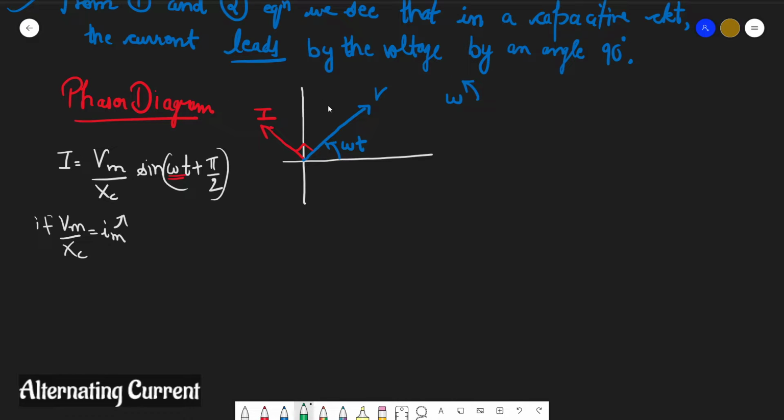This is the phasor diagram relation. Moreover, you can find the instantaneous values of I and V when you see the projection on this axis, which is V sine omega t, and here V sine omega t plus pi by 2. Okay, anyway, this is the phasor diagram.